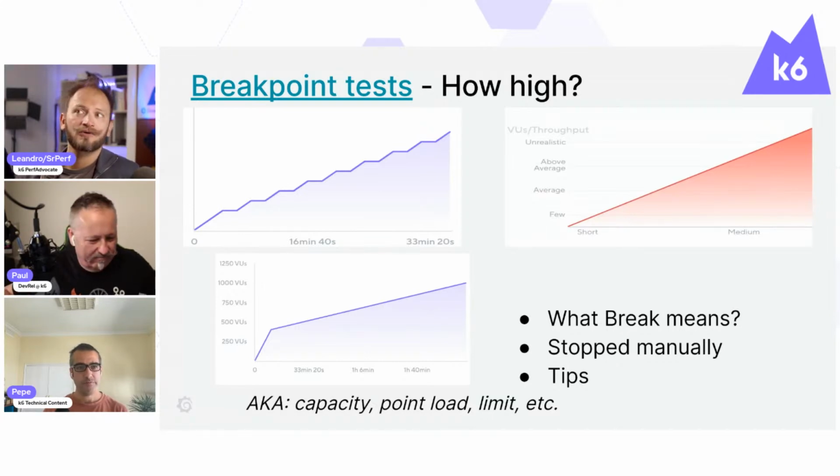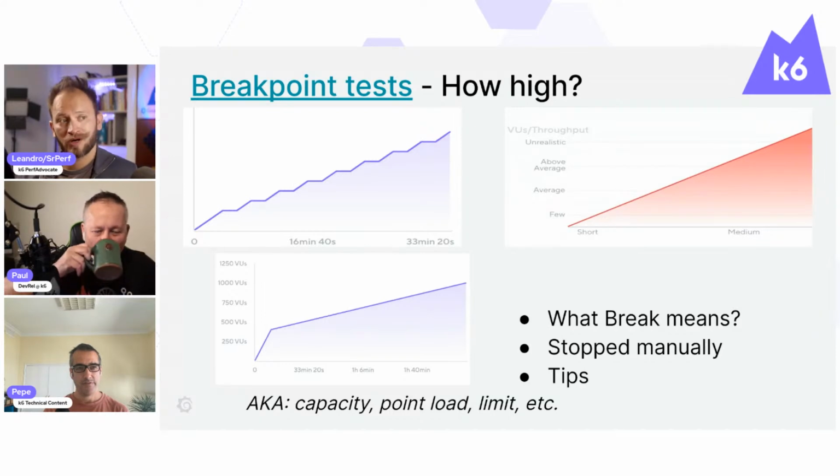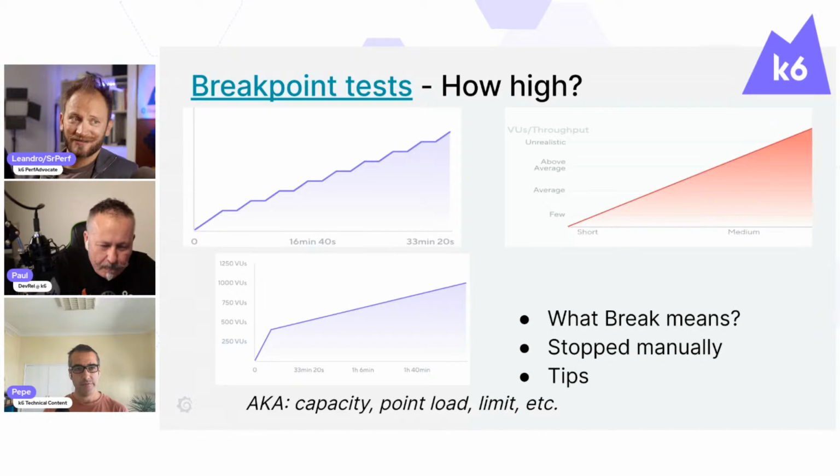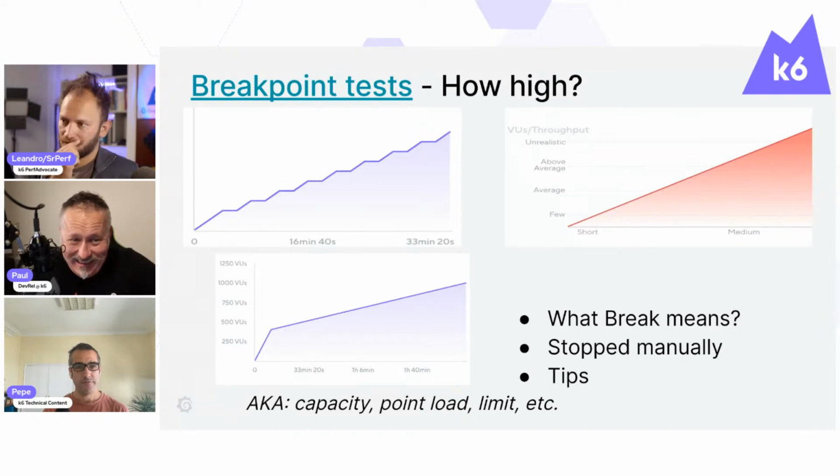But well, let's start the controversy. We were looking for a breaking point. Where is our system breaking? Do you see any problems around that? Well, I'd say we wouldn't want to do this particular test in production. Why not?